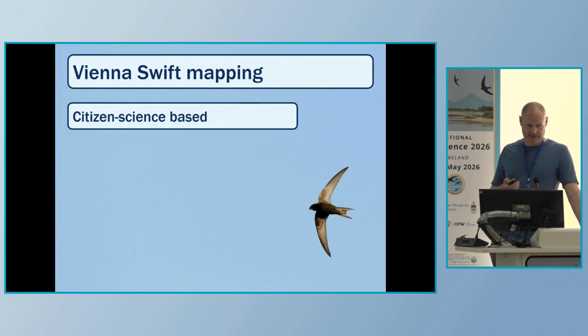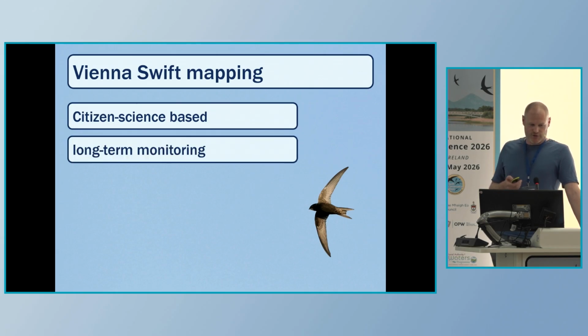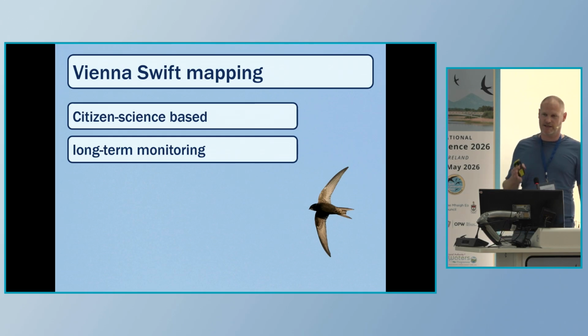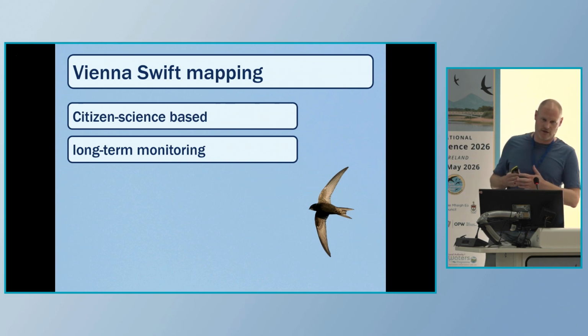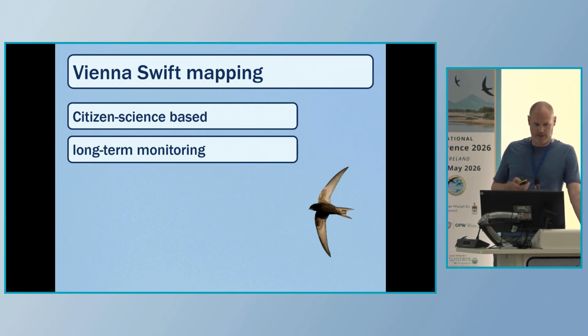Our approach is citizen science-based, so we are several people who are doing this in free time. It should become a long-term monitoring, so we are planning to do at least the counting of the flying individuals every year to have really long-term data, to also have a population trend.